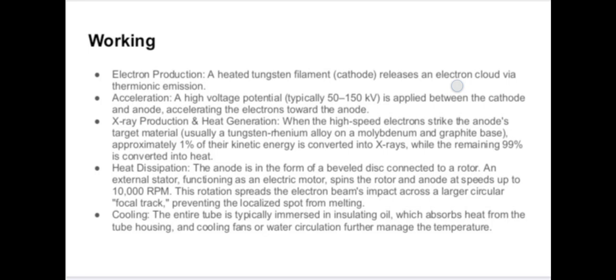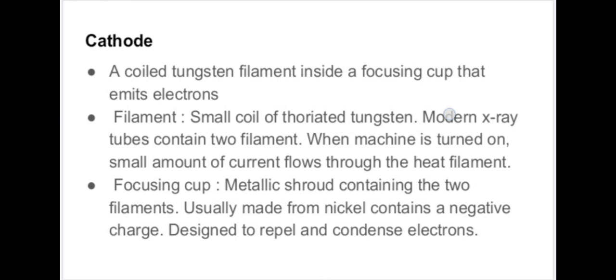Then next we will look at the parts. Usually the rotating anode X-ray tube consists of the cathode, focusing cup, anode, rotor, anode stem, bearings, and the vacuum envelope, etc. First we will look at the cathode.